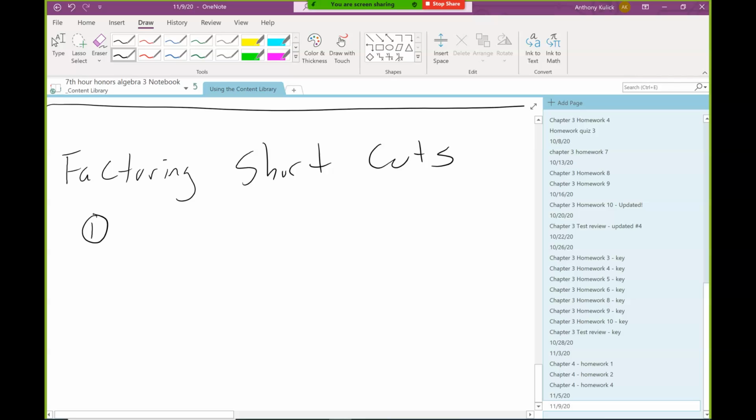So we have a couple situations. Let's say we have a standard form quadratic where c is equal to 0. That'd be something, for example, like 3x squared plus 5x.